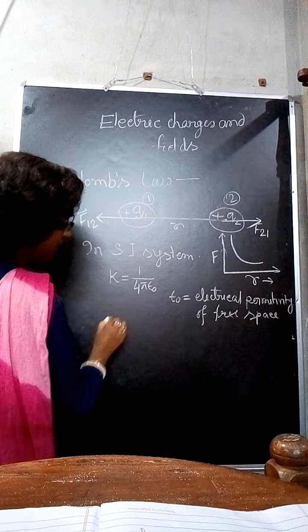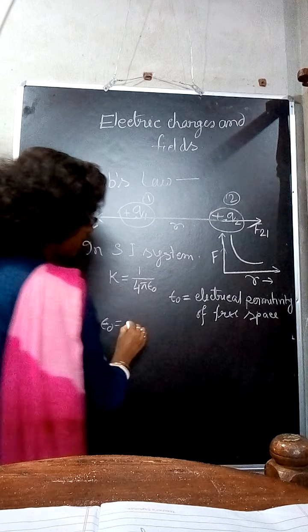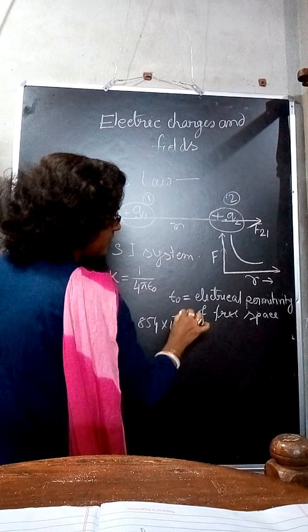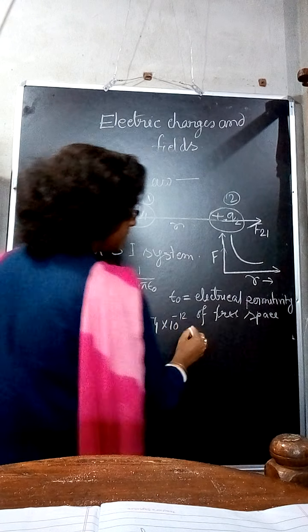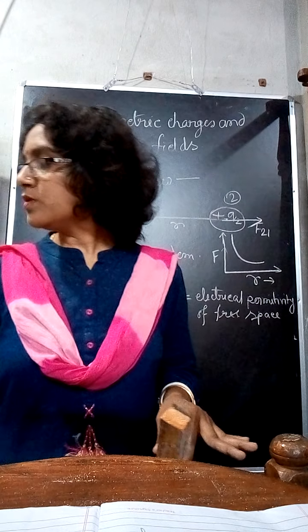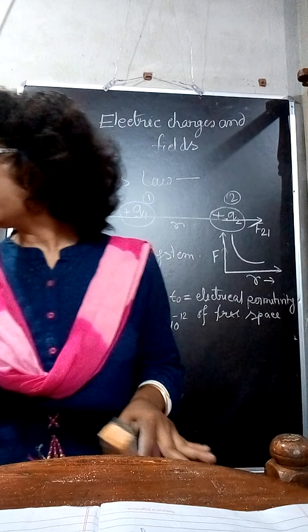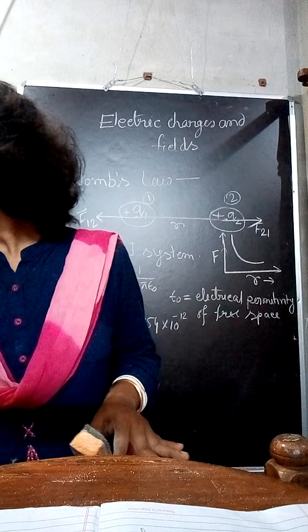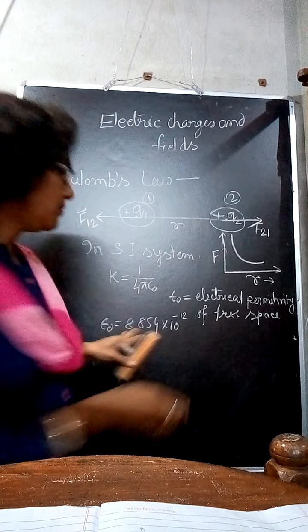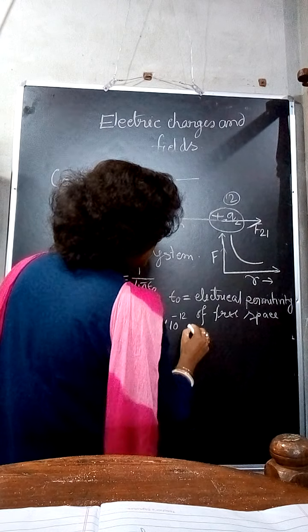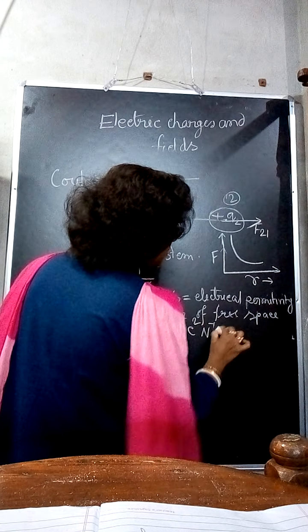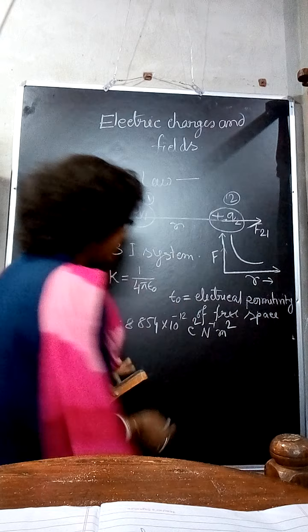Its value, epsilon naught, is 8.854 into 10 to the power minus 12 Coulomb square per Newton per meter square.